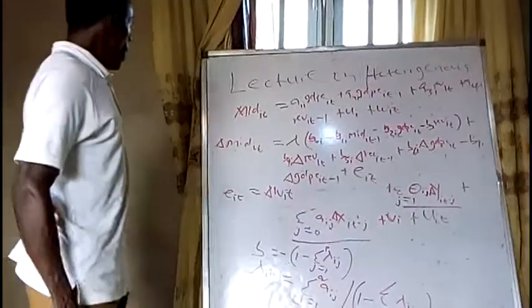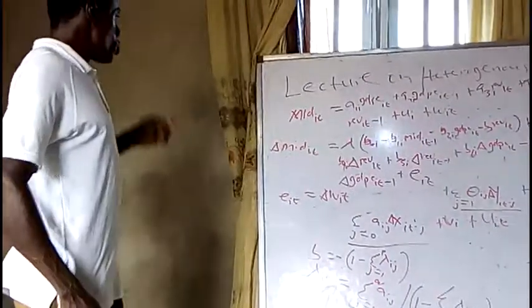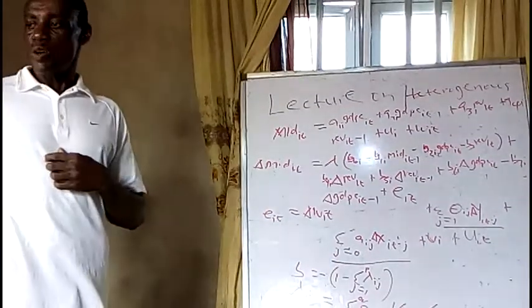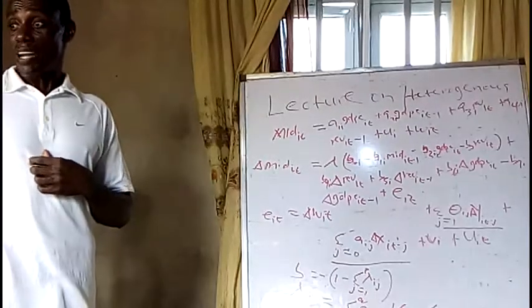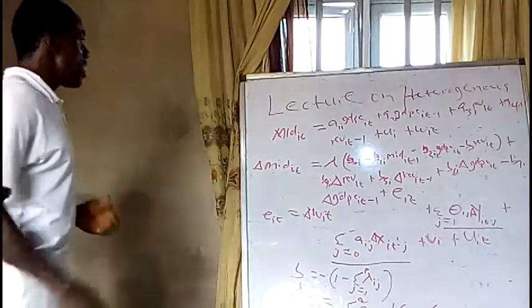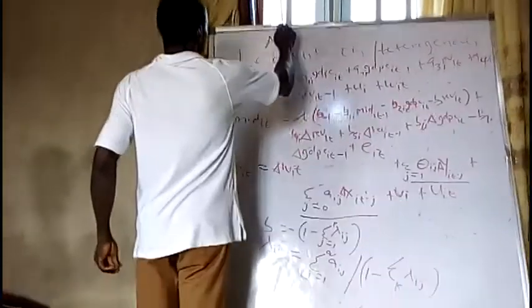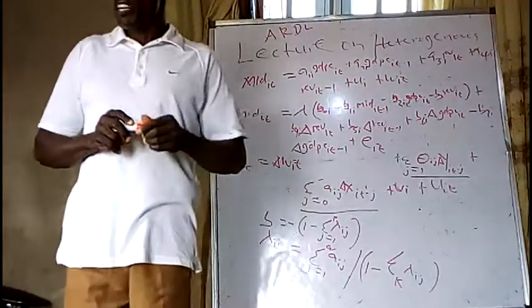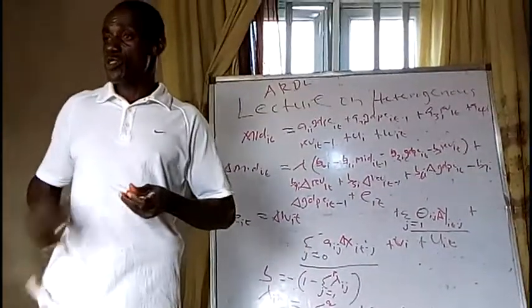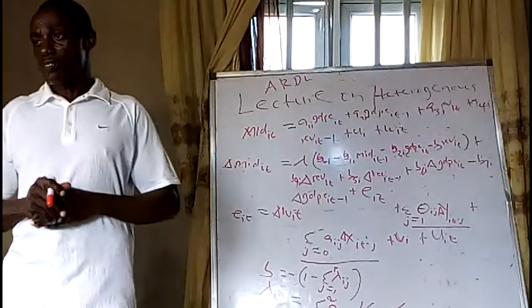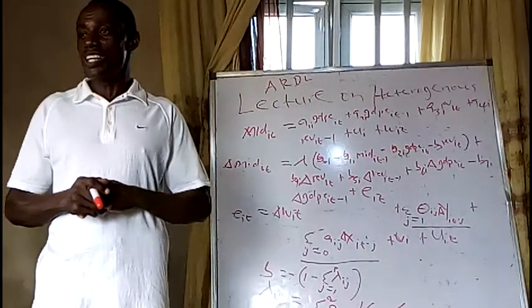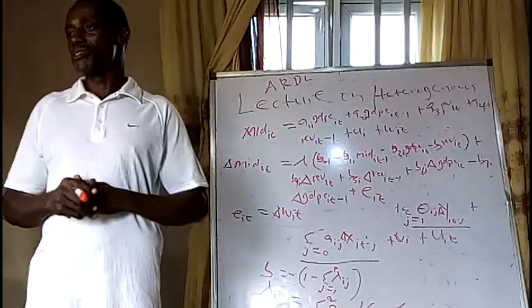Yes, the nature of the model is that it is autoregressive distributed lag, meaning that both the dependent variable and the explanatory variables must have lag values in the model, and that's why it's called autoregressive distributed lag. So that is the reason why we introduce the lag values of the explanatory variables.